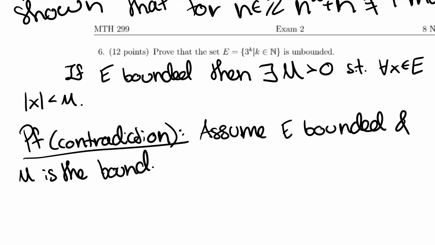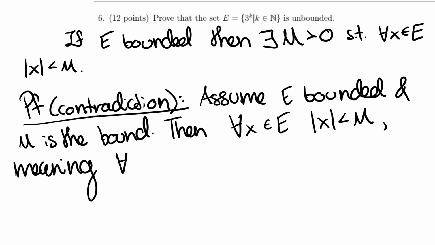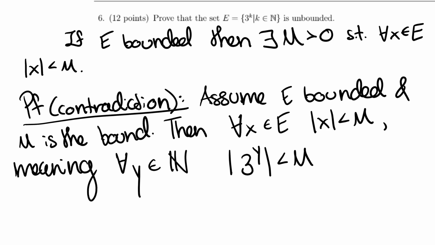Okay, so let's see. So then, well, I'm just rewriting it anyways, I guess. Which means for all k, or let's use a different letter because I think students often get confused with this. So for all natural numbers y, I don't care what you call it, as long as you don't repeat letters, the absolute value of 3 to the y is less than M. Well, that's kind of ridiculous, isn't it?